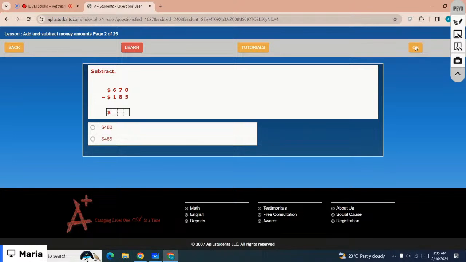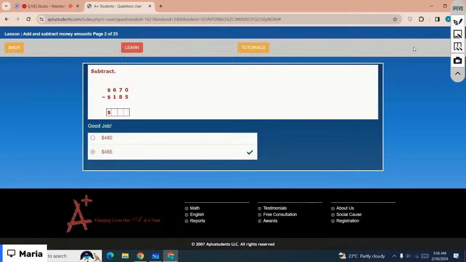Subtract, which is the correct option? If you are already done with these lessons, you can write down the answers. The next one is $670 minus 185. Which is the correct option? That is $485.